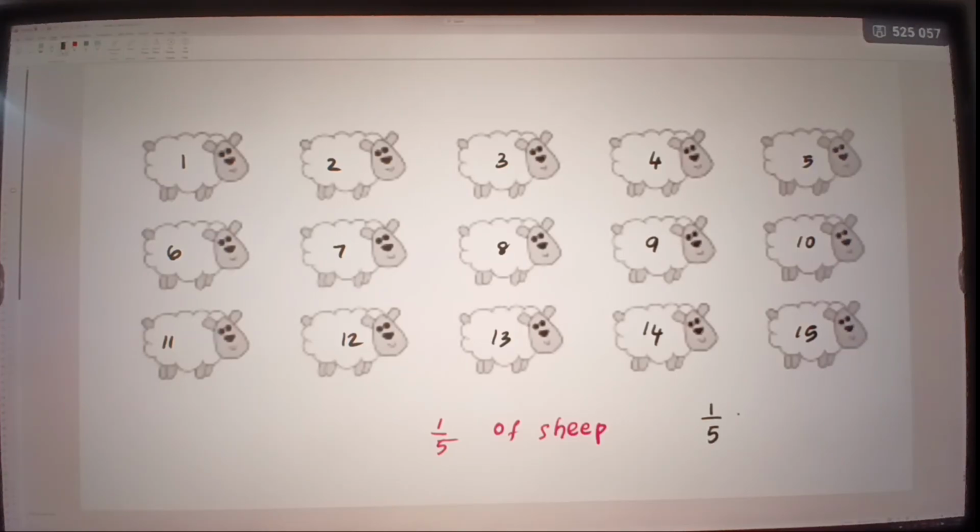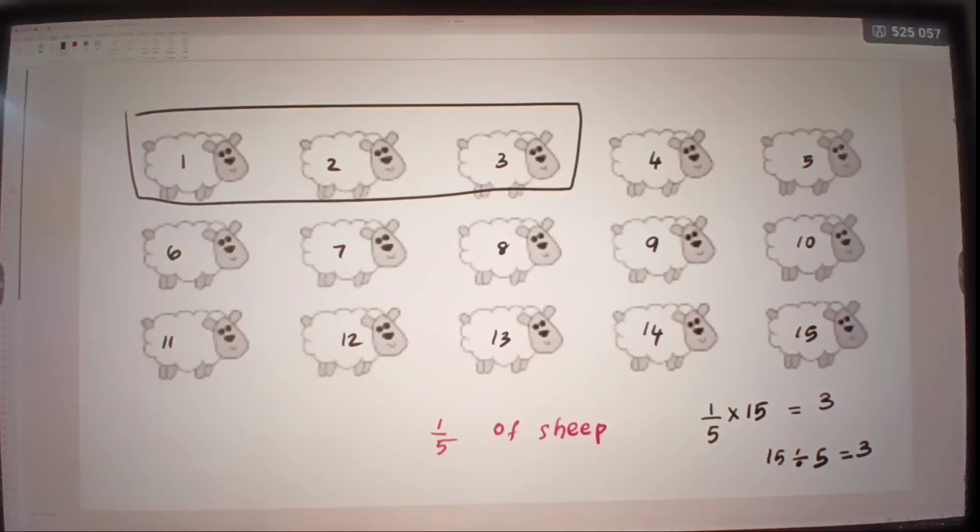So you want to do 1/5 times 15, that means 15 divided by 5. 15 divided by 5 is 3. So you have to select 3 sheep.